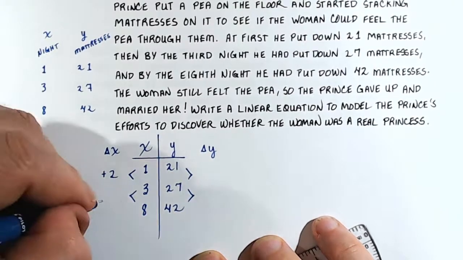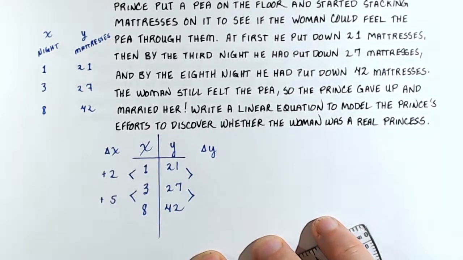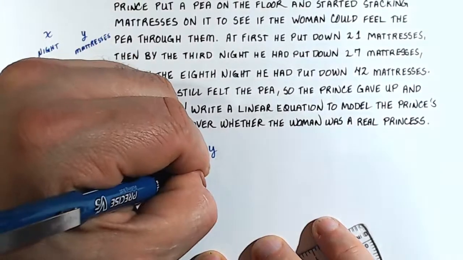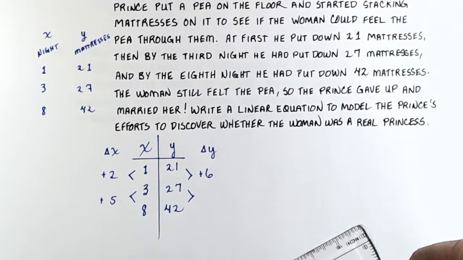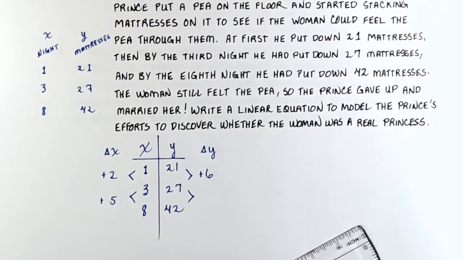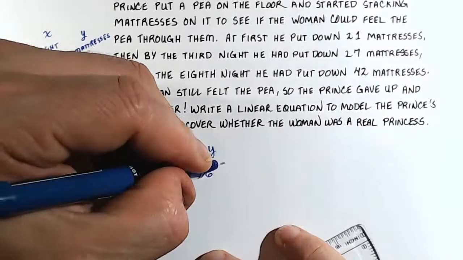From 3 to 8, well, that's plus 5. From 21 to 27, well, that's plus 6. From 27 to 42, ugh. So from 30 to 42 would be 12 plus 3. Okay, so that would be plus 15.